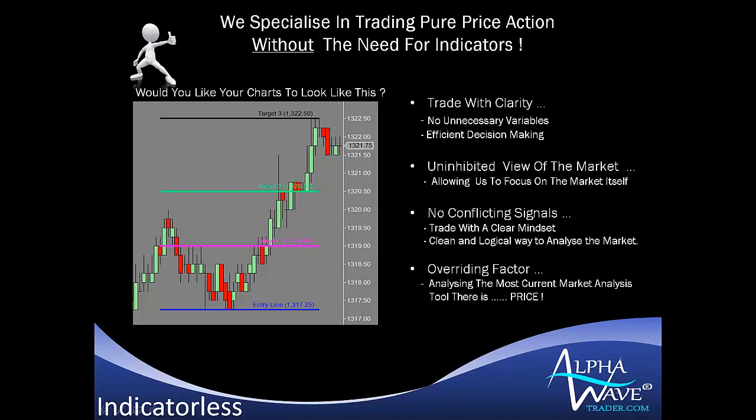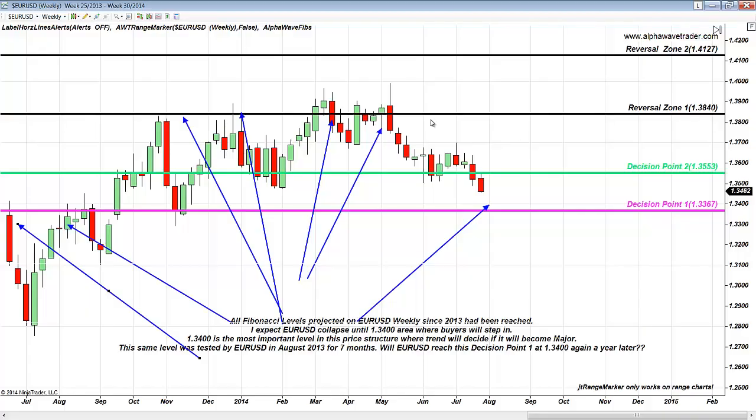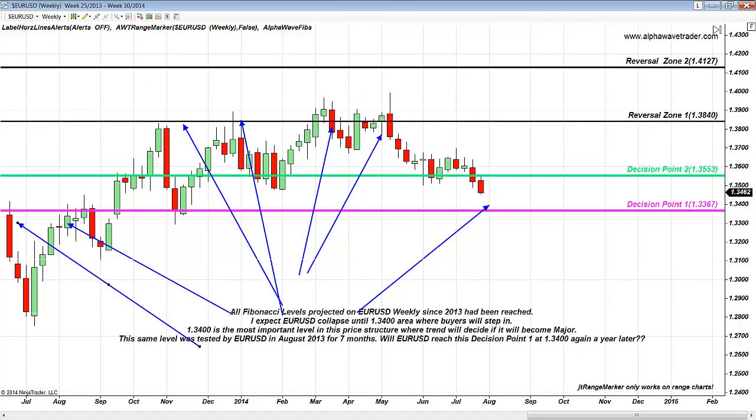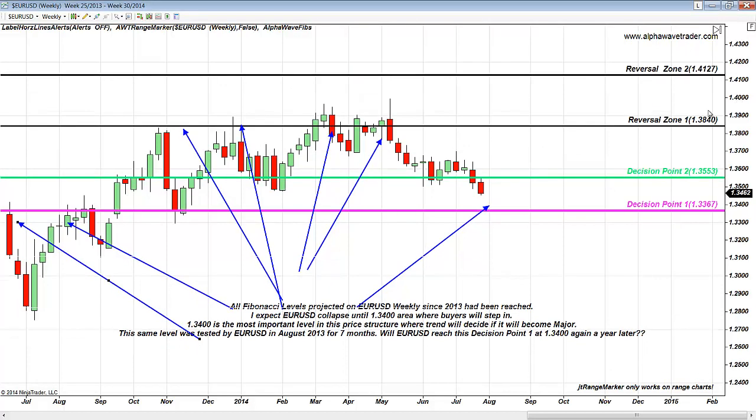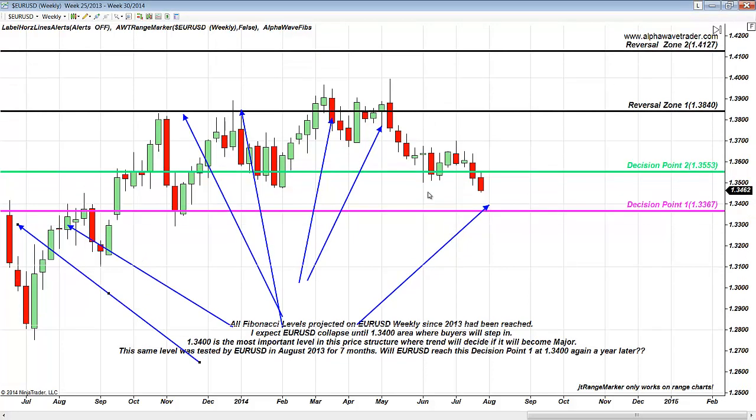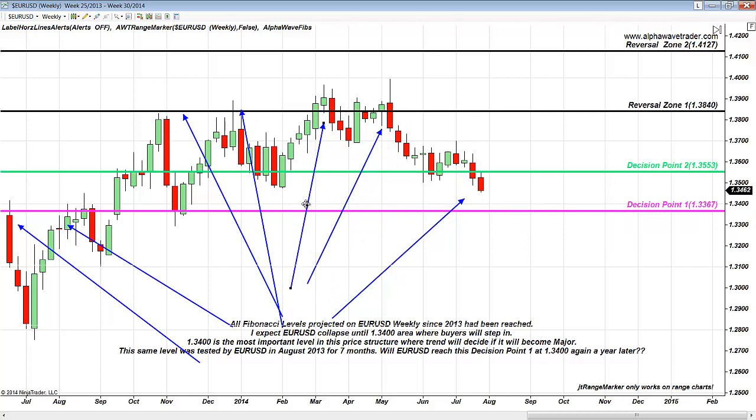And it doesn't matter if you trade Euro weekly. This is one of the most powerful screenshots that shows you how essential it is to know Fibonacci levels. And if you do, you would know to never ever ever acquire long at the reversal zone. It is all the same formula.